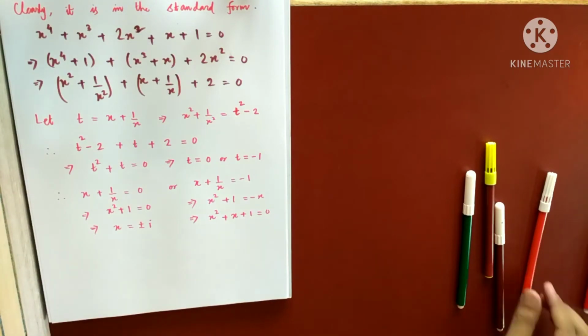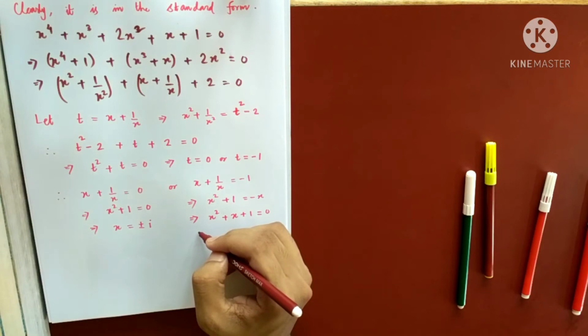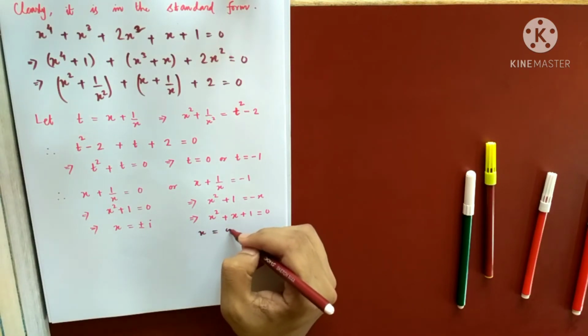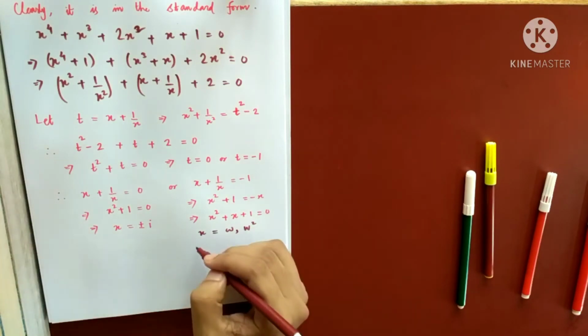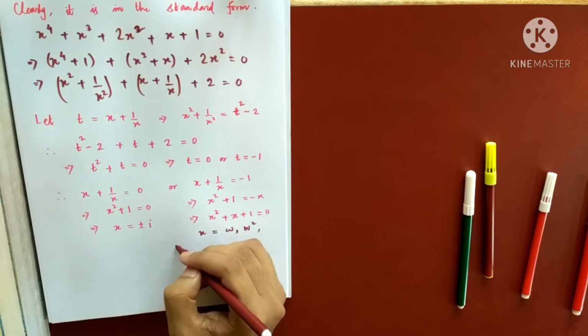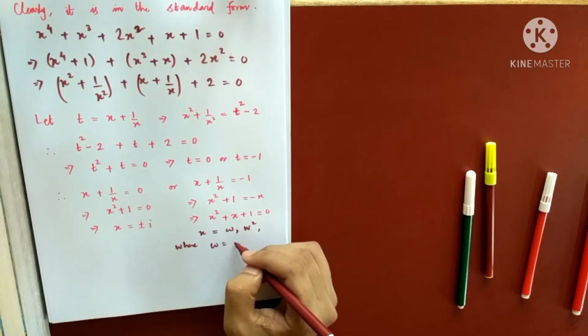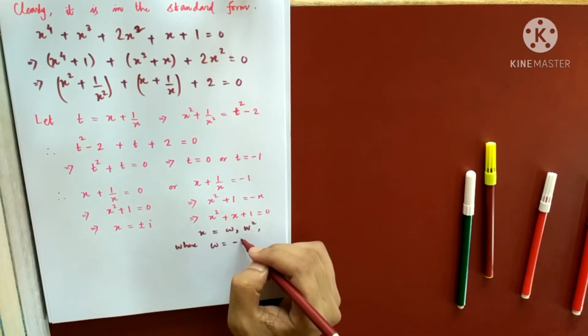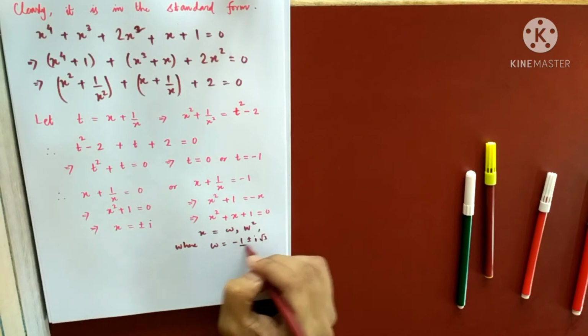What are the solutions to this? The solutions will be x equals omega and omega square. We know the cube roots of unity. What is omega? I have forgotten the value. It is minus 1 plus i root 3 by 2.